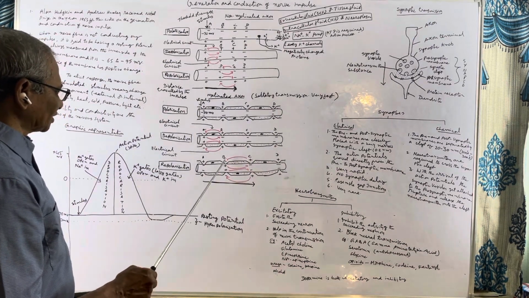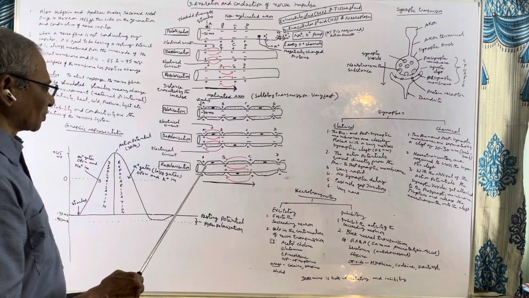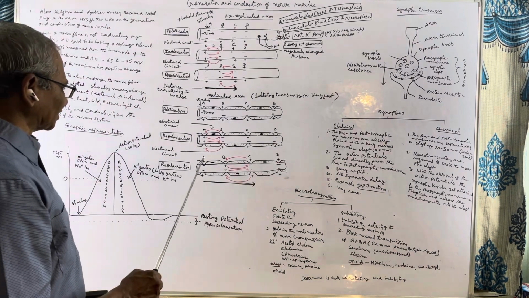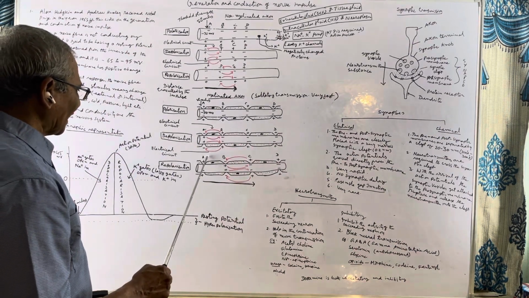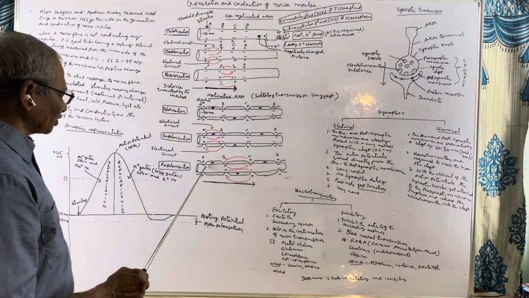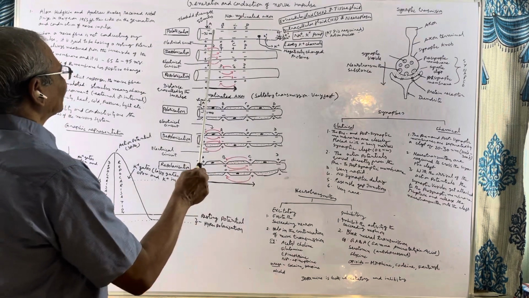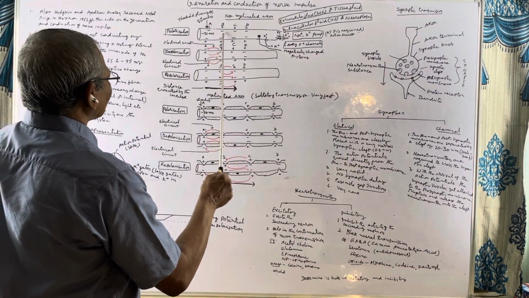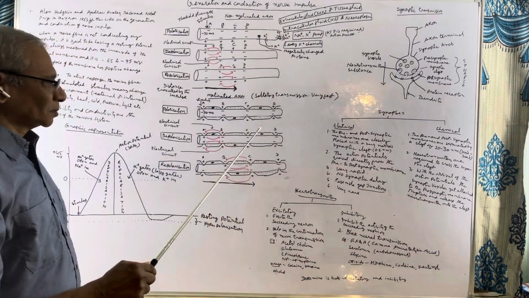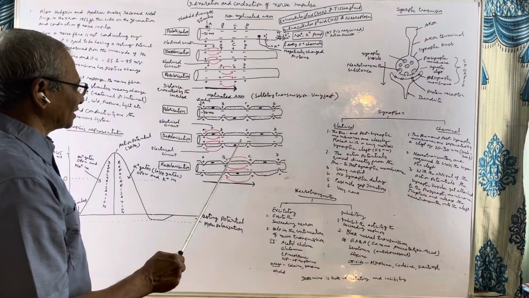As depolarization is taking place at point B, repolarization occurs at point A. That means the action potential generated at point A has jumped to point B. It cannot travel continuously throughout the length of the neurolemma. Here, the action potentials travel continuously throughout the length of the axolemma. But here there is no such possibility because of the presence of myelin sheath.